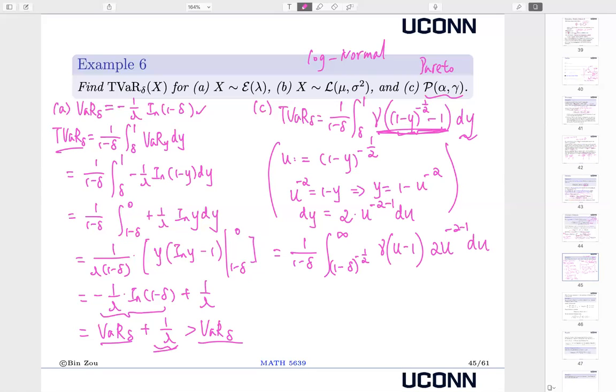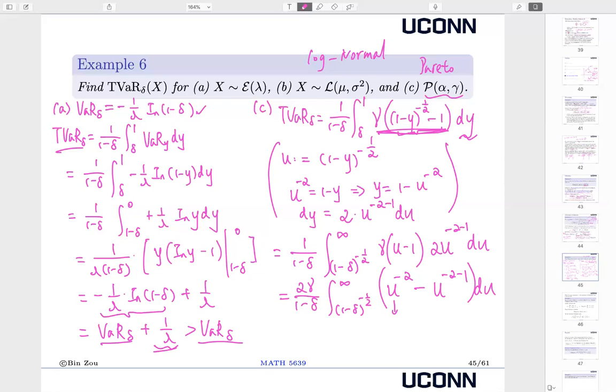Okay, this is a much nicer form. You can take all the constants out, and take a look at what we have now. So what we have is u to negative alpha minus u to negative alpha minus 1. So both are power functions. So now it's very easy to solve this.